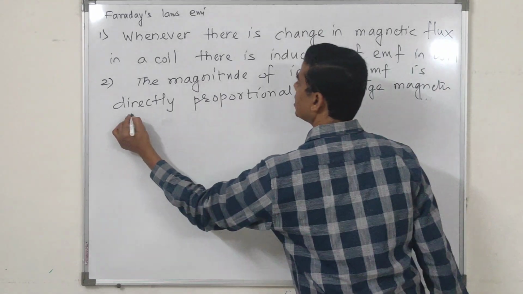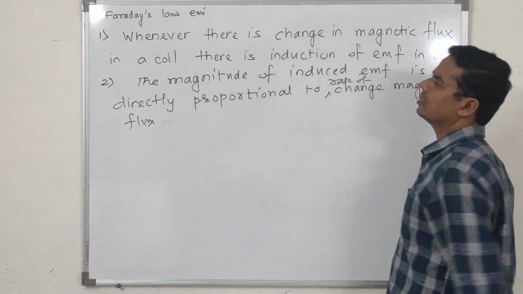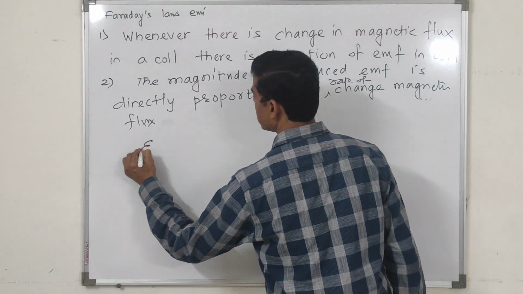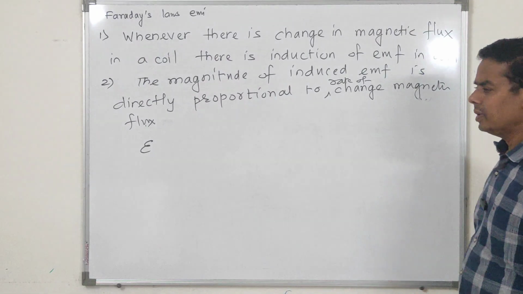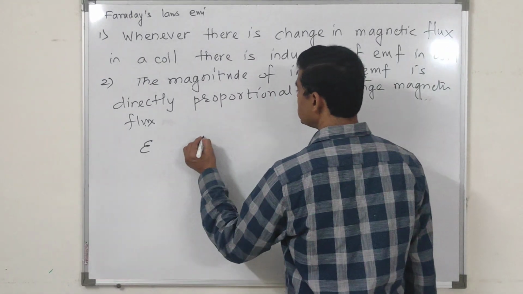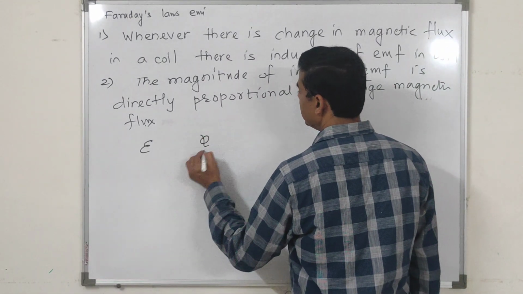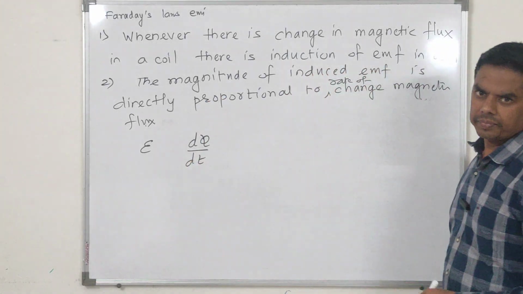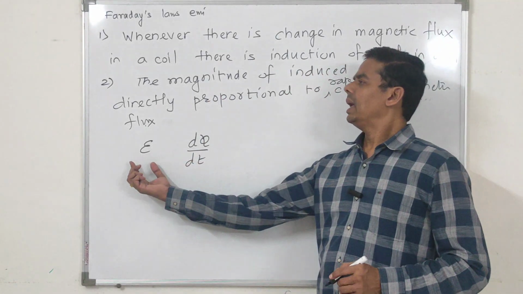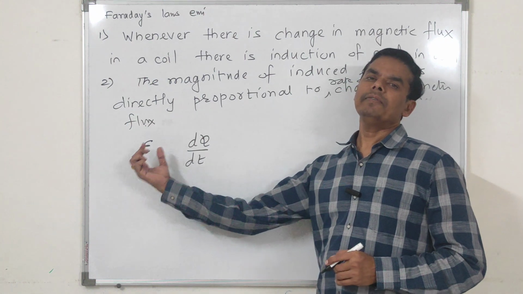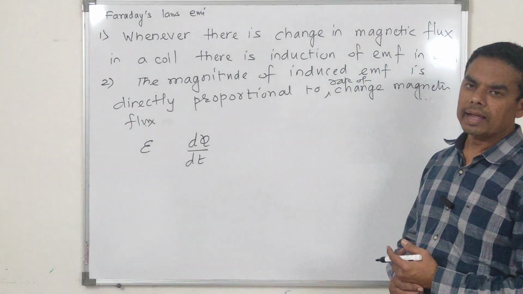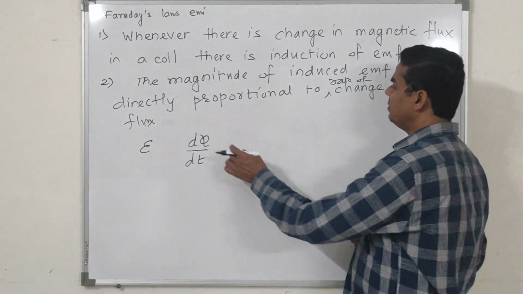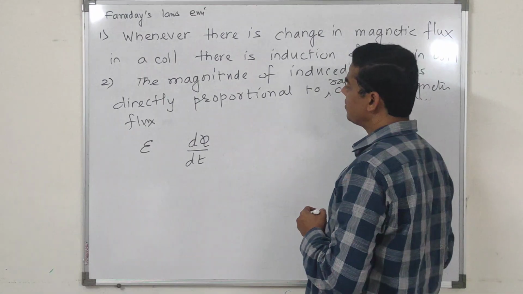Suppose that the induced EMF is represented by the letter epsilon, magnetic flux is represented by phi, and the rate of change of magnetic flux is represented by d phi by dt.